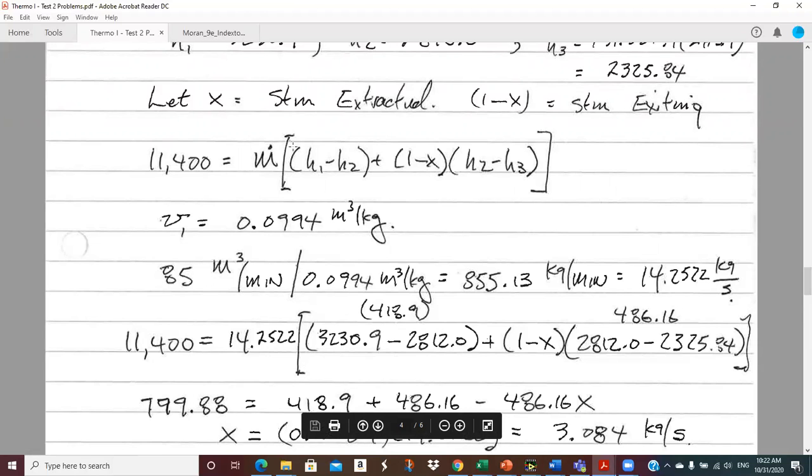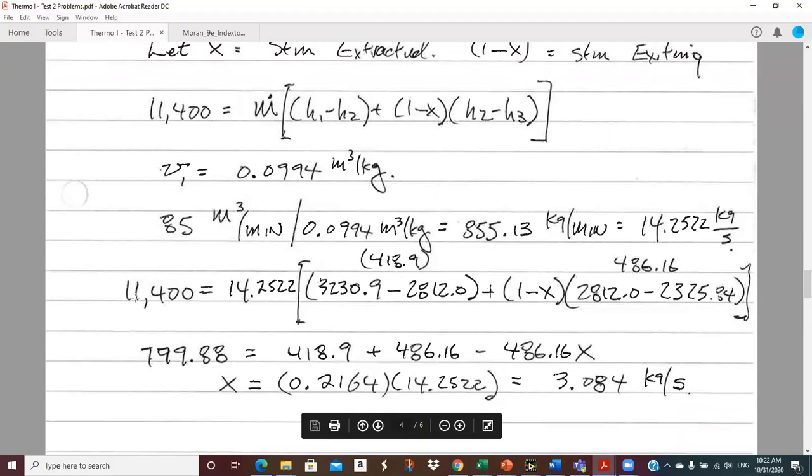Okay, and so then I have the mass flow rate, so I can plug in directly up here. 11,400 equals the mass flow rate, 14.2522, times these enthalpy differences. From 1 to 2, the difference is 418.9, and then times 1 minus X times the difference from h2 to h3, which is 486.6.